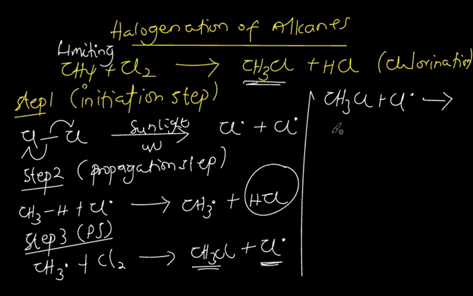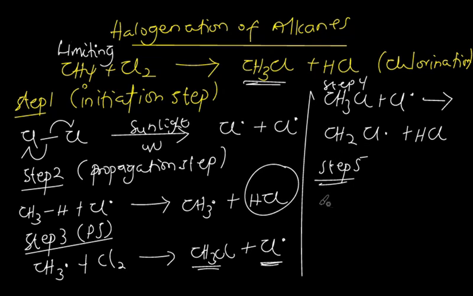So we'll be forming what? CH2Cl radical plus HCl. Let's call this step 4. Then from there, step 5.